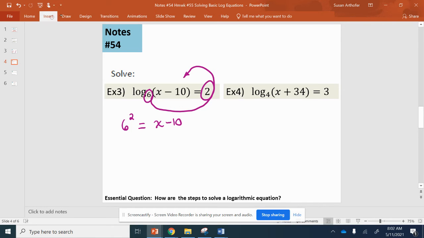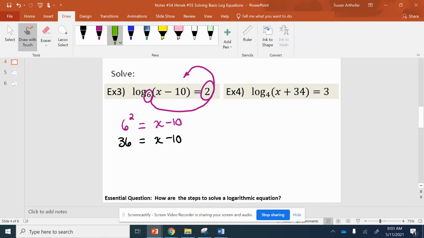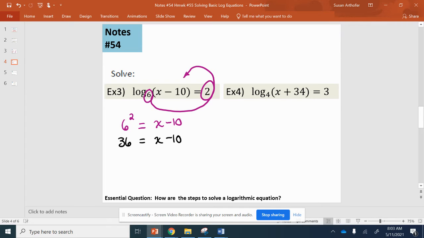We're going to convert the exponent first. 6 to the second is 36 equals x minus 10. Now we're going to solve for x, so we need to add 10 to both sides. 36 plus 10 is 46, and then just write our answer properly. And we solve the log equation. That's all we have to do.